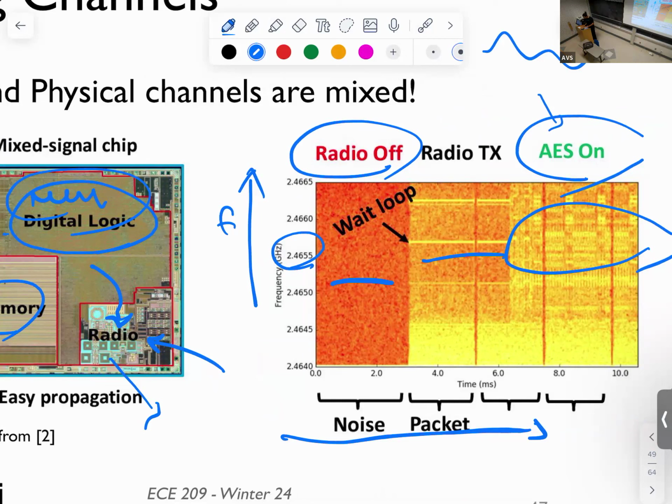This part here is a classic DPA or SPA or whatever you were doing before. So there's nothing new here. The new thing is that this is modulated on top of the Wi-Fi signal. So now all you need is, if you are able to receive the Wi-Fi signal of this device, you can actually attack this device.